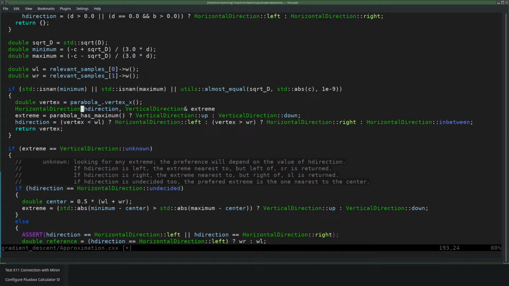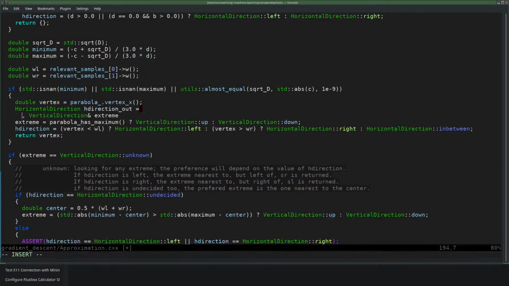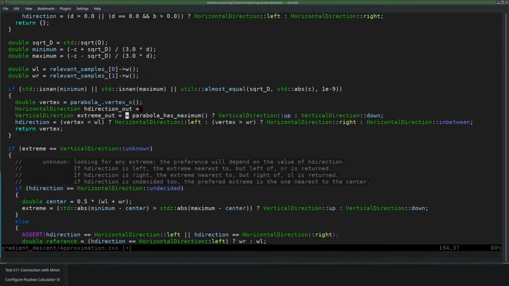So let's make up a new one. H direction out, I guess, is something, and then V direction extreme out is something. And we can assign those things.